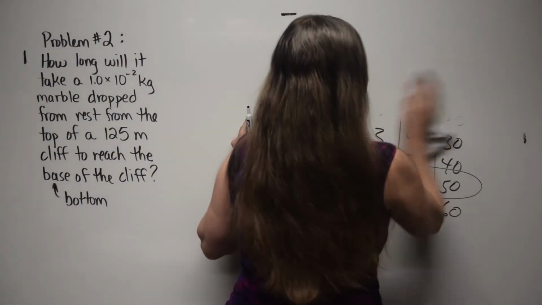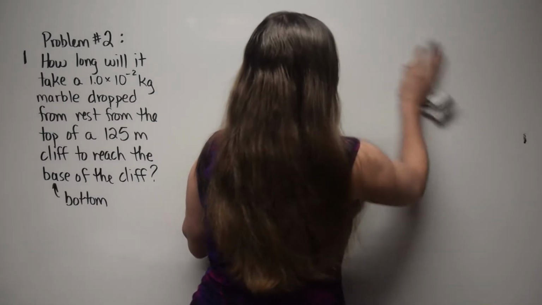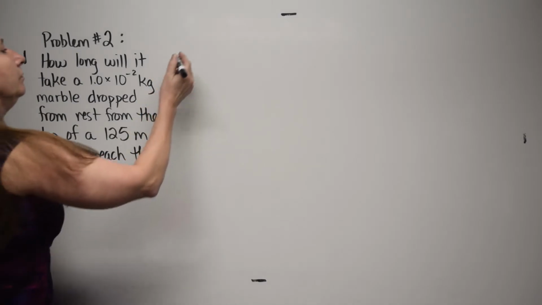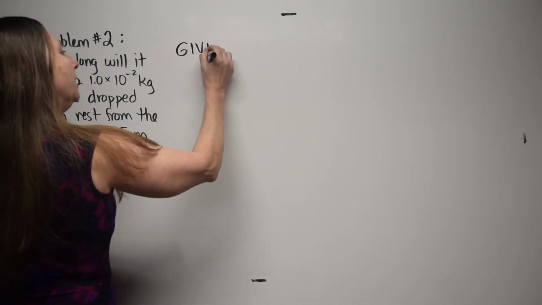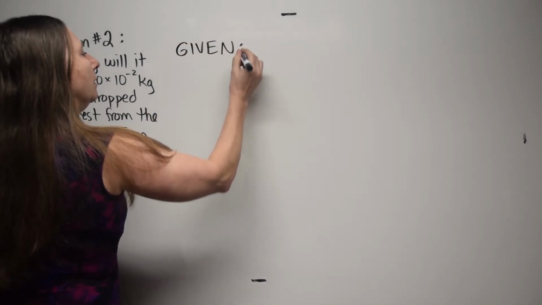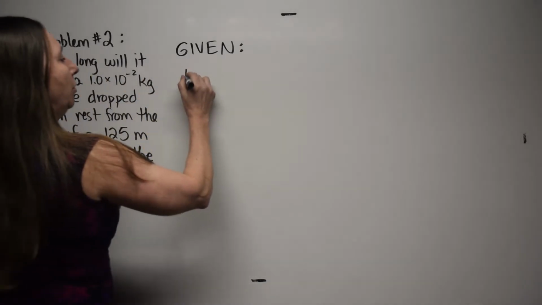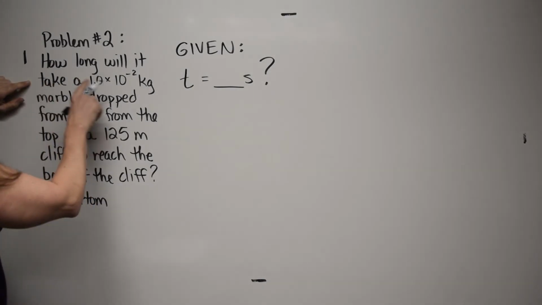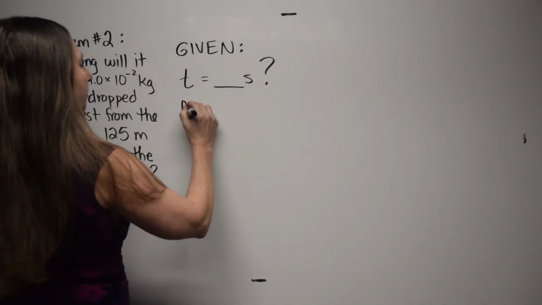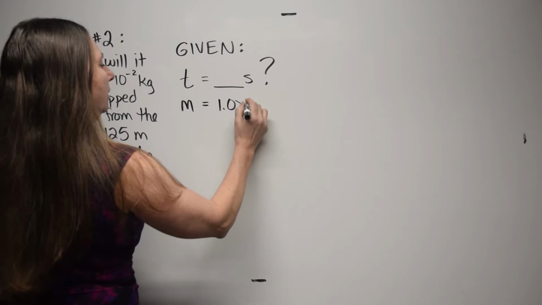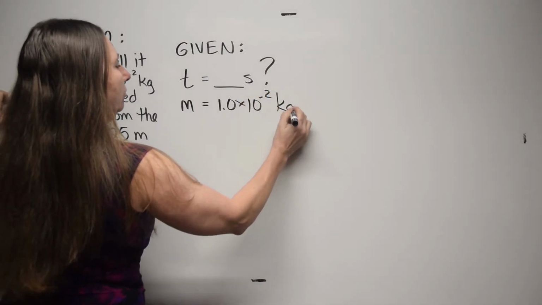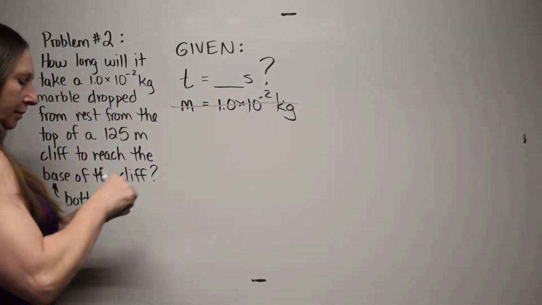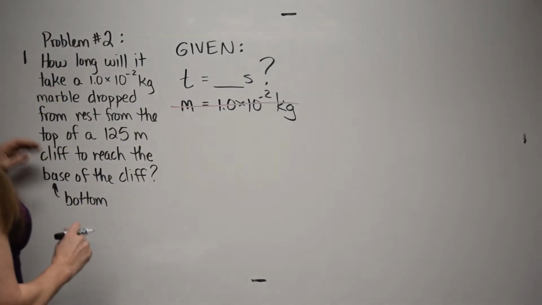Now, if it's a written question, we've got to show the work. So here we go. What were we given? Well, how long? So they want to know the time. The mass of the marble, I'm sure we don't need. I'm going to cross that out right away. This is a free fall problem.